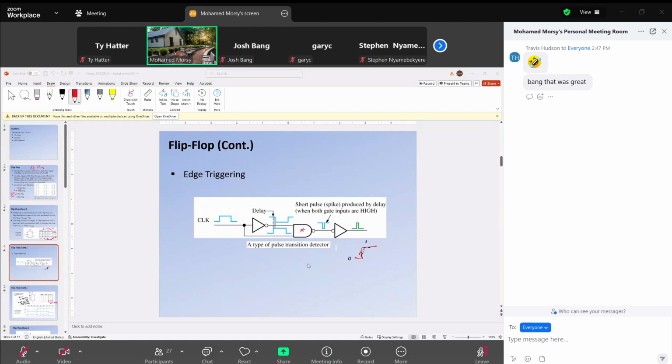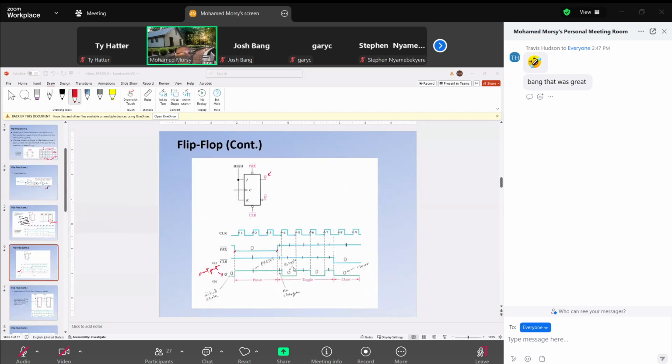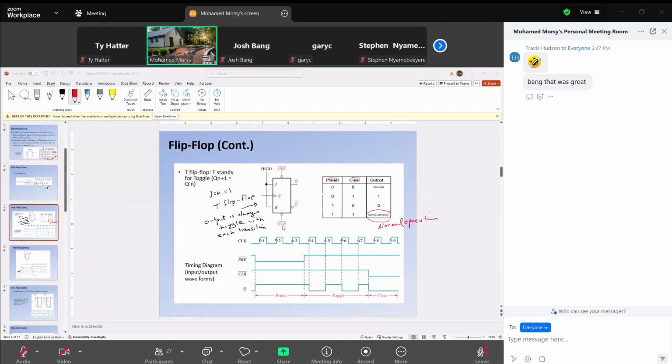Also, we mentioned how we get the edge triggering using this simple circuit or logic diagram. It's called the pulse transition detector, and we will use it today for the lab. We discussed this last time. Here we can see two other inputs, different from JK: preset inverted and clear inverted.